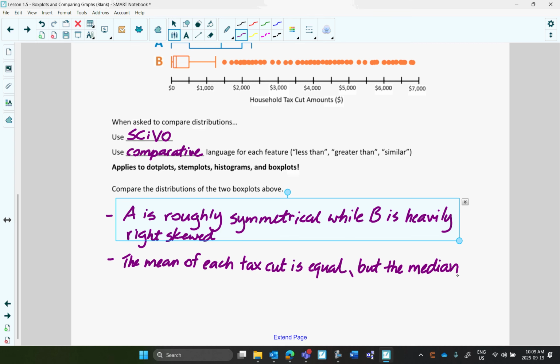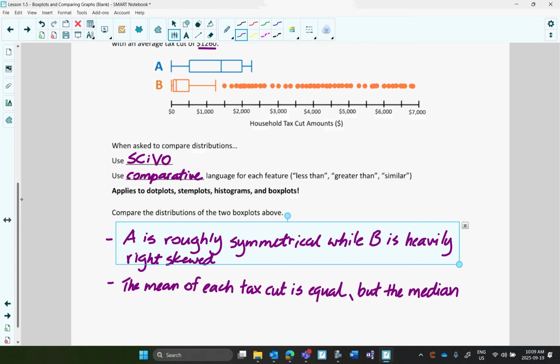Now you've got to go to the box plot. The median of A is quite a bit larger.